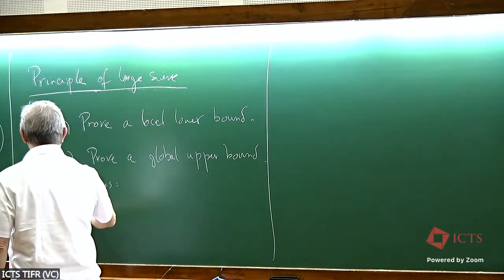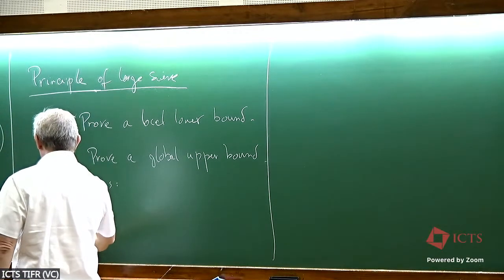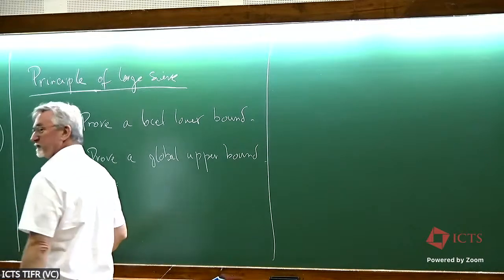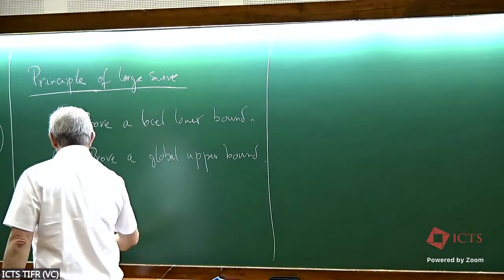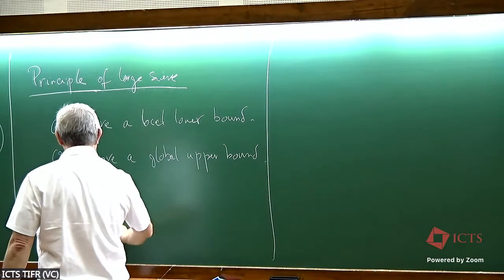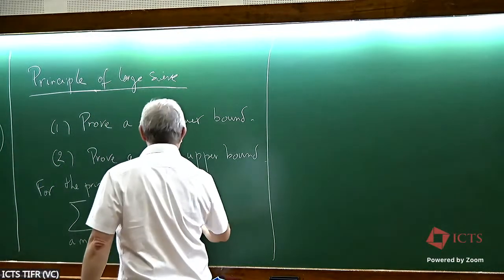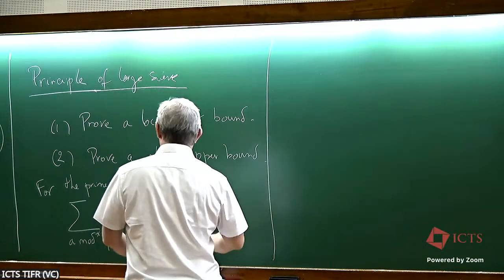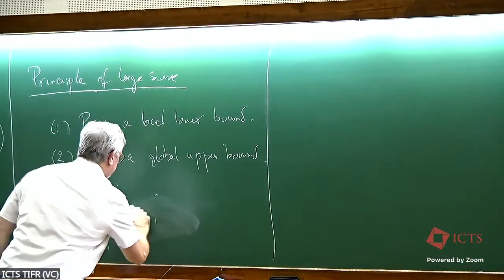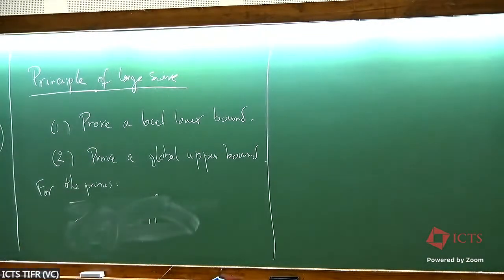I am going to prove that the sum of |S(a/q)|² is larger than... wait, I have to be more precise, sorry. I forgot something here. When I use this one, I use capital M to be larger than square root of N, to simplify my life.